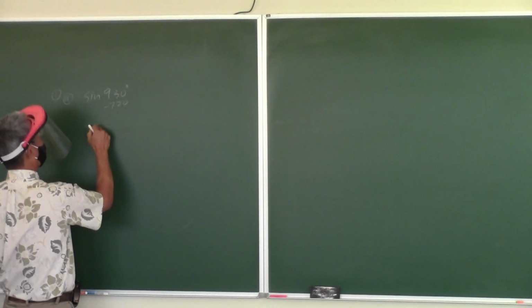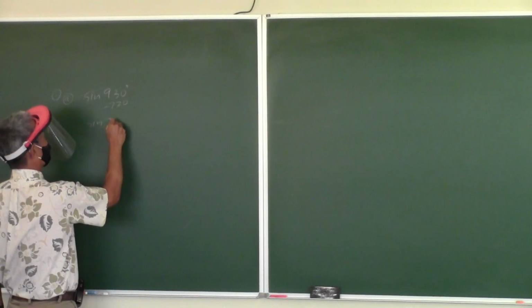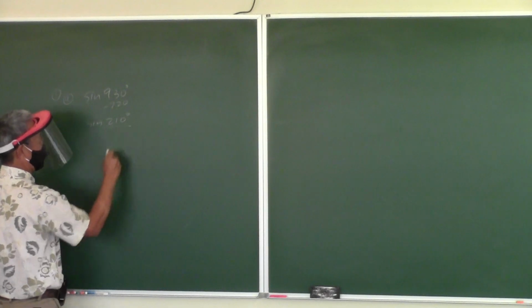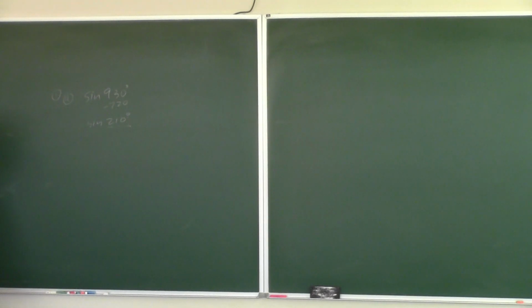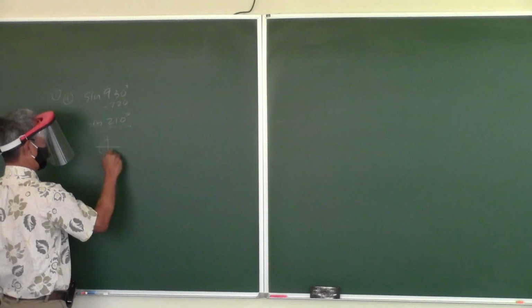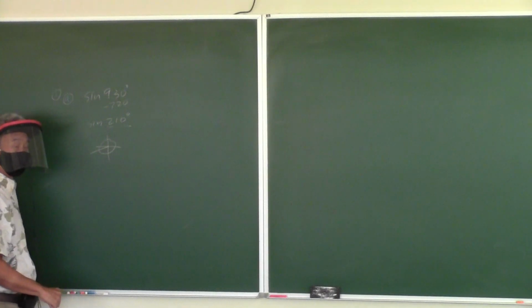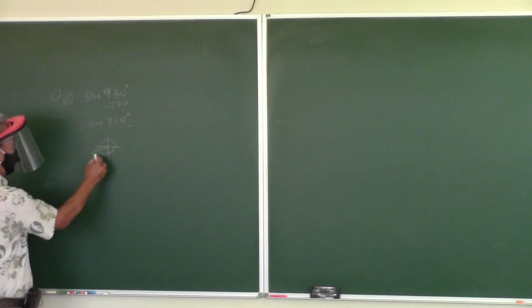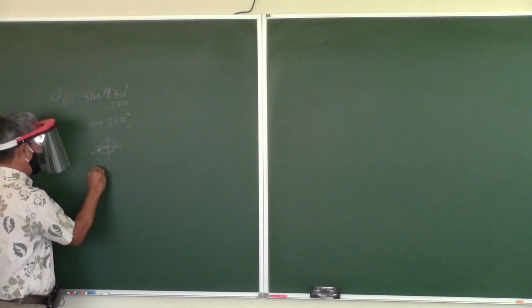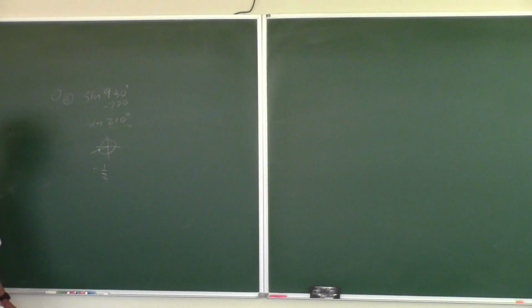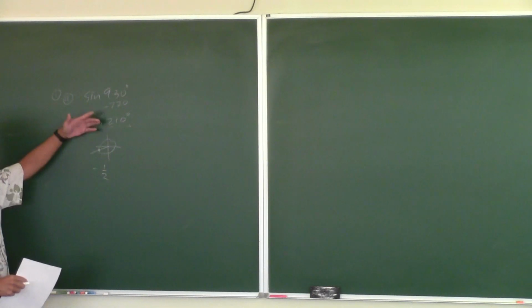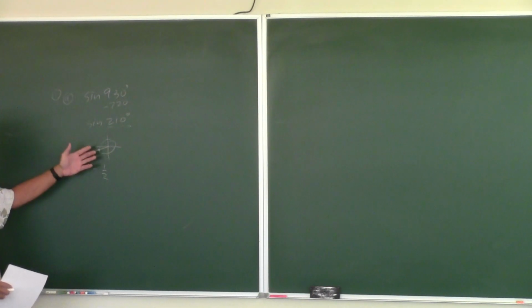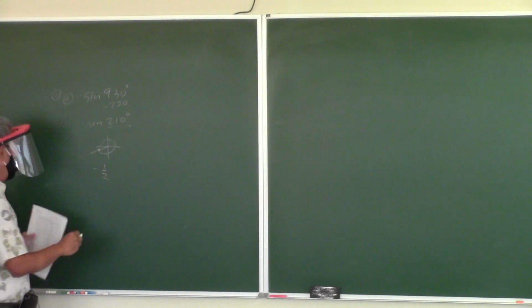So if you subtract 720, what do you get? 210 degrees. See how that angle is between 0 and 360? And you know exactly where that is. Right there. So what is the sine of that angle? Which is the y-coordinate of that point. -1/2, right? So you gotta do three things. You gotta reduce the angle down, draw the picture, come up with the value.